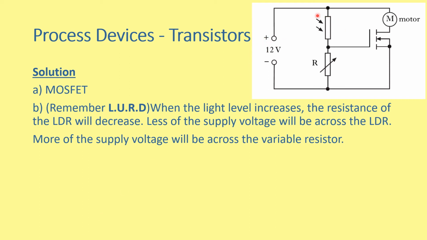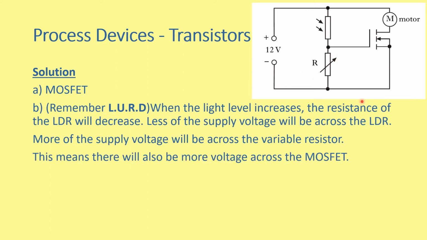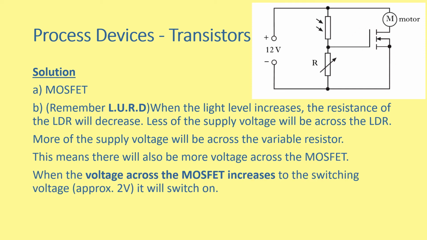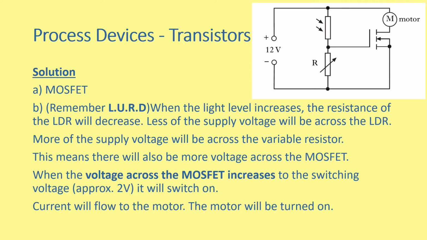So if less voltage is used here, more voltage will be used here. This means that there'll also be more voltage across the MOSFET just here. When the voltage across the MOSFET increases to the switching voltage, so remember that's approximately 2 volts, it will switch on. The current will flow to the motor and the motor will then be turned on.